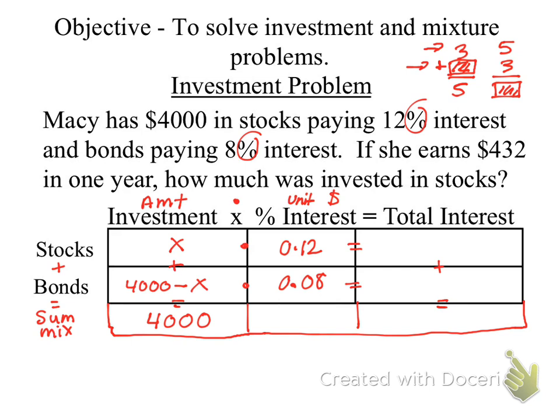And we have one more number to place: 432, she earned in a year. That's the result. I took my money, I invested it, this is what I got out. That's total interest. Okay, multiply across: 0.12x plus 0.08 times 4,000 minus x.